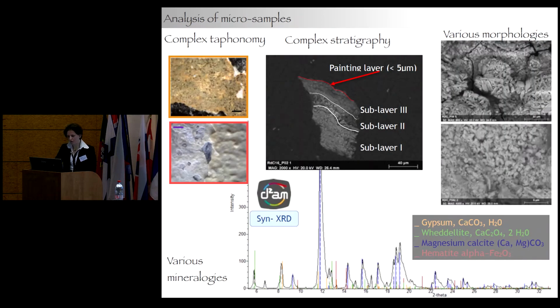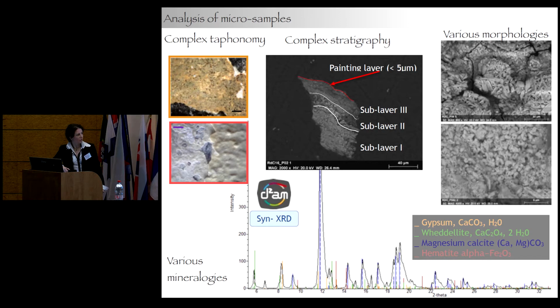So to go further, we need to cross over every scale of observation, at large scale and microscopic scale. And thanks to the micro diffraction of X-ray, we confirm the presence of calcium oxalate, but also the presence of gypsum.